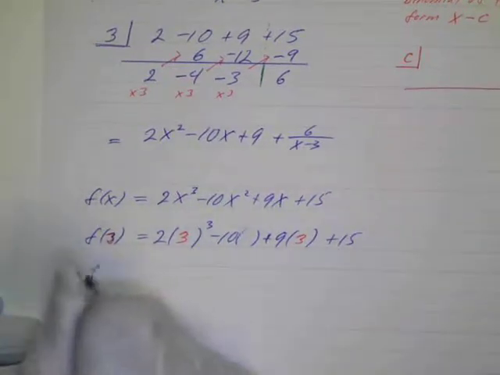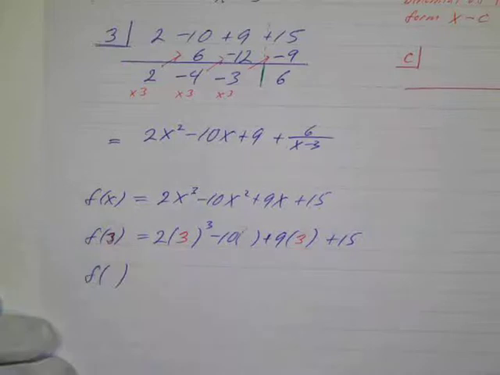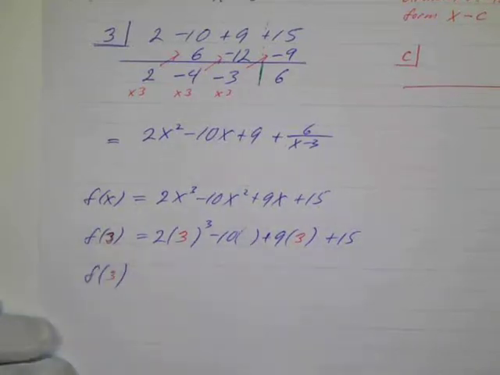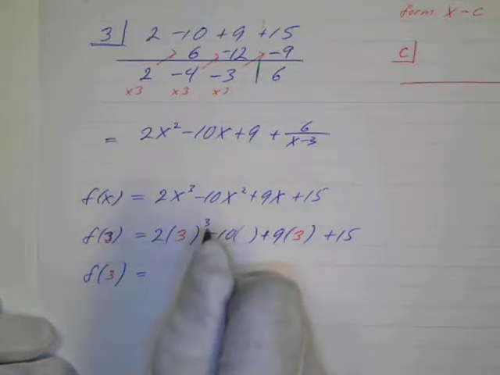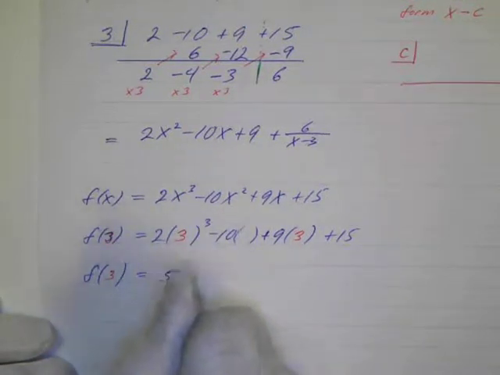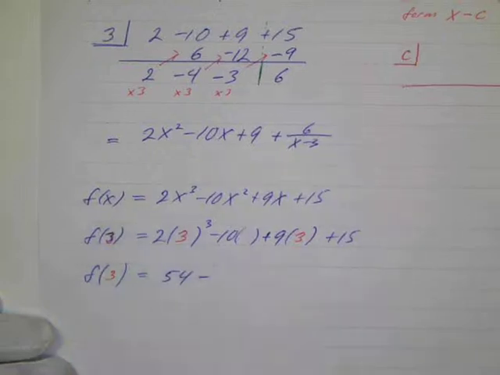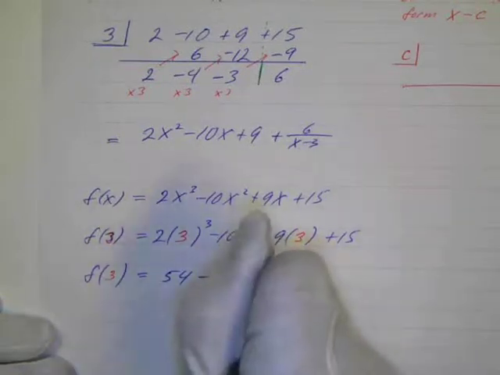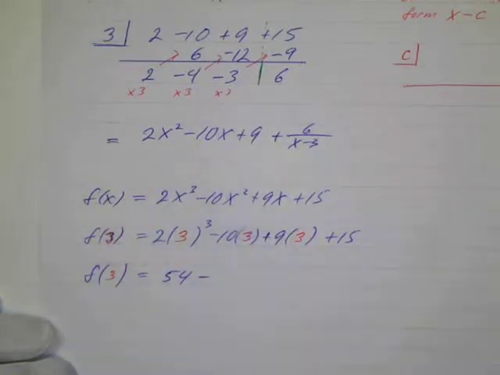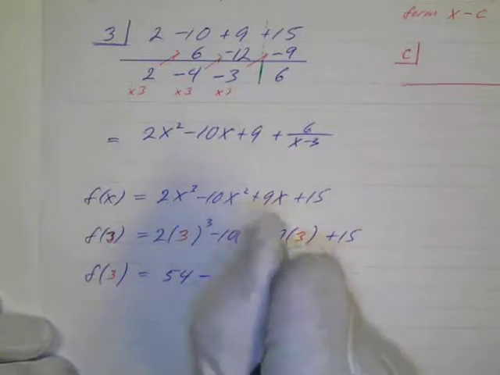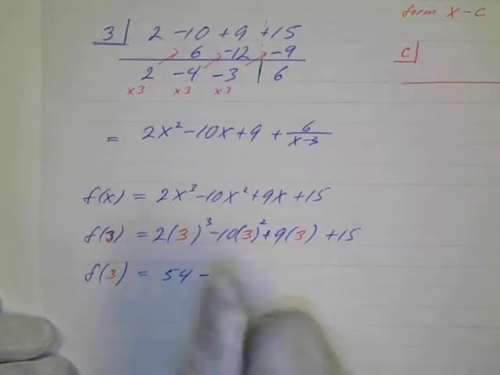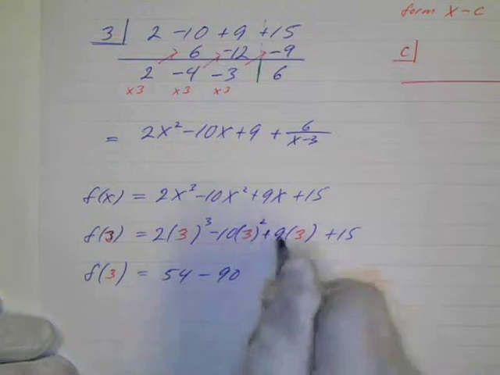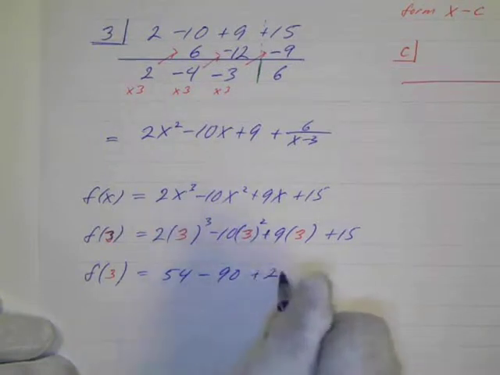Then we have f of 3 equals, and what's 3 times 3? It's 9, times 3 is 27. What's 2 times 27? That's 54. Minus, no, I guess I can put this in now. This is 3, and that's squared. Pardon me. And 3 squared is 9. 10 times 9 is 90. And 9 times 3 is 27.